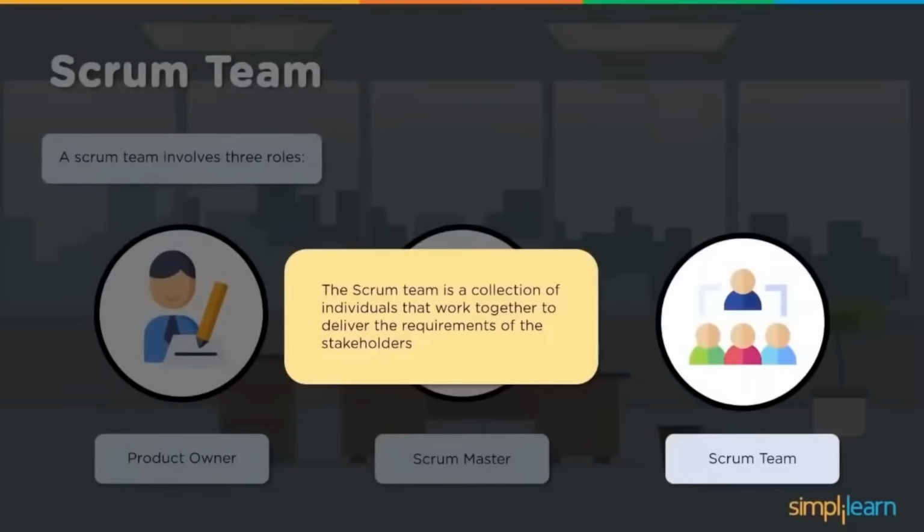Then the Scrum team is a collection of all the individuals who work together to deliver the requirements of the stakeholders. So, a self-organizing team, what we were discussing earlier. These teams come together, and each team member will have different capabilities. They contribute at the individual level, and the team as a whole contributes towards the ultimate output, outcome and value they need to create.